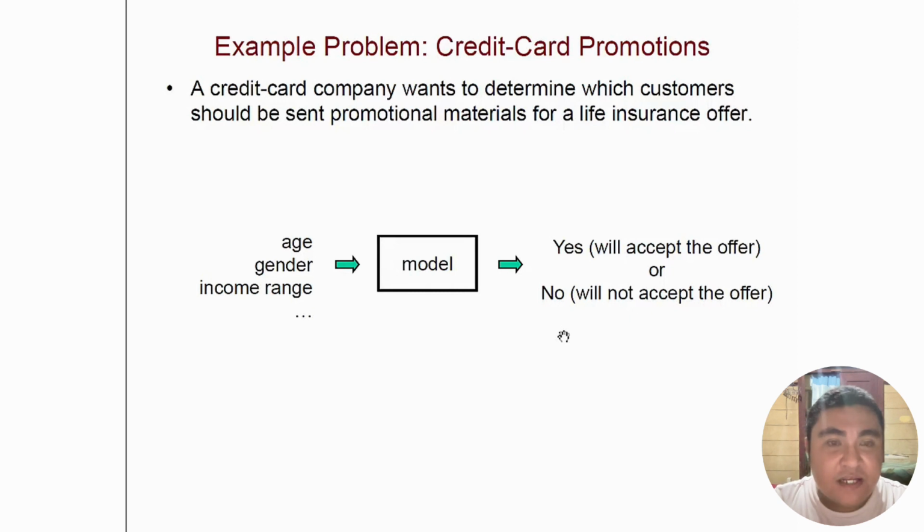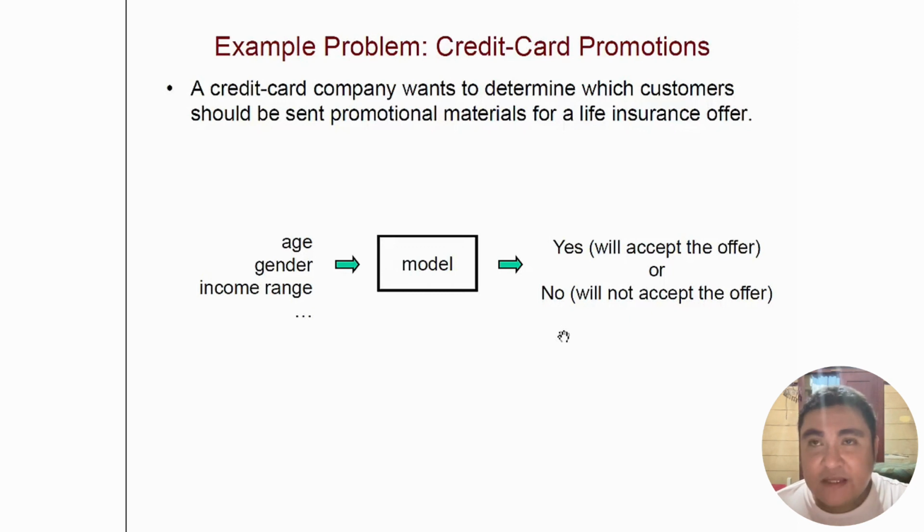A credit card company wants to determine which customers should be sent promotional materials for a life insurance offer. As we all know, banks have records of their customers, particularly their transaction history, and they will try to create something out of it. It could be that they will send you emails about updates on their products and services, and one product that they also offer is life insurance.